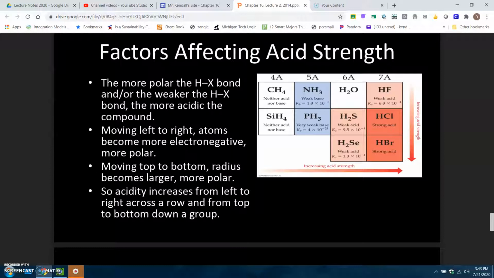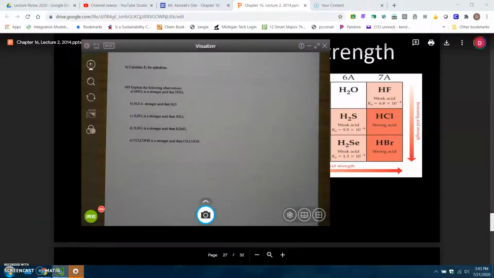So chlorine is going to pull on those electrons, and hydrogen will be released more easily because it's further away. That proton is further away from the pull of the chlorine. So that's going to be more easily released. So as the size gets larger, the substance becomes more acidic. So we have those two things to play with. And again, you probably want to look at this a little bit and take a look at the arrows and see how this is going to play out for you. Let's go back to our examples.